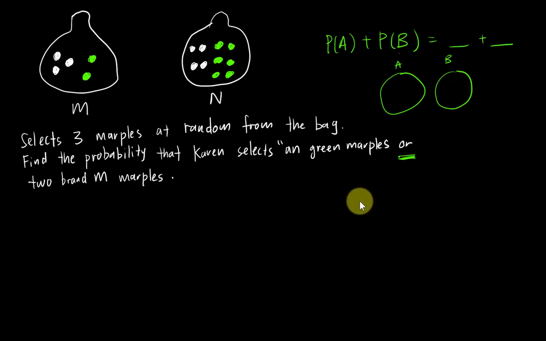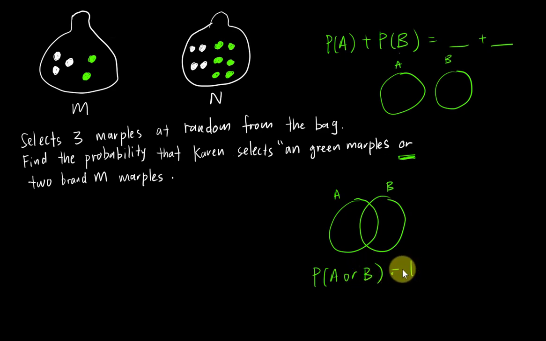But if event A and event B do intersect each other, then when you want to do the probability A or B, in set language that means A union B, right?